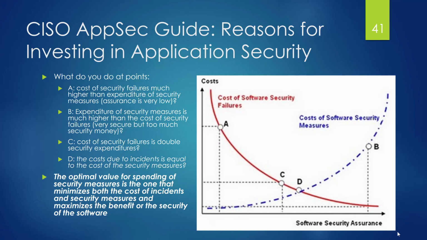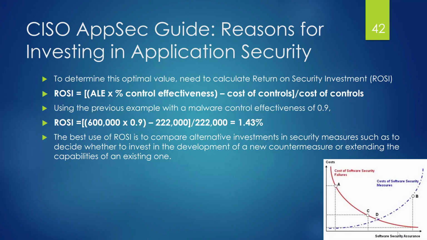So keep ALE and SLE in mind. Look at how this chart draws out. How do you make decisions about investments in application security that make sense? If you want to do return on investment, you're going to take that ALE and multiply it by the percent of control effectiveness, because all controls are not perfect. You're going to subtract out of that the cost of the controls and divide by the cost of controls.